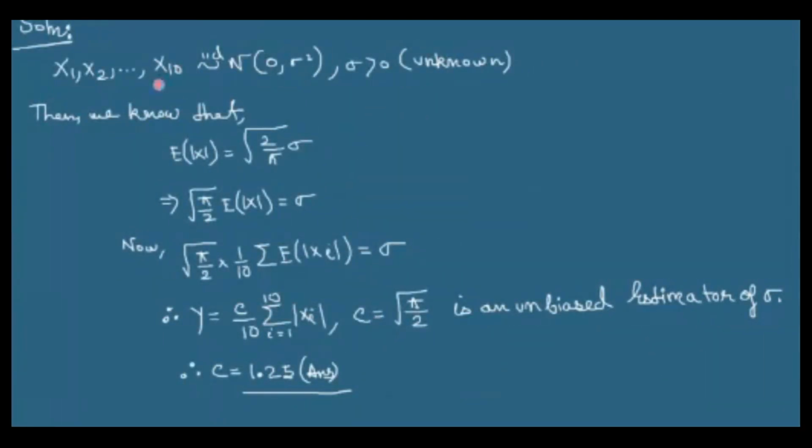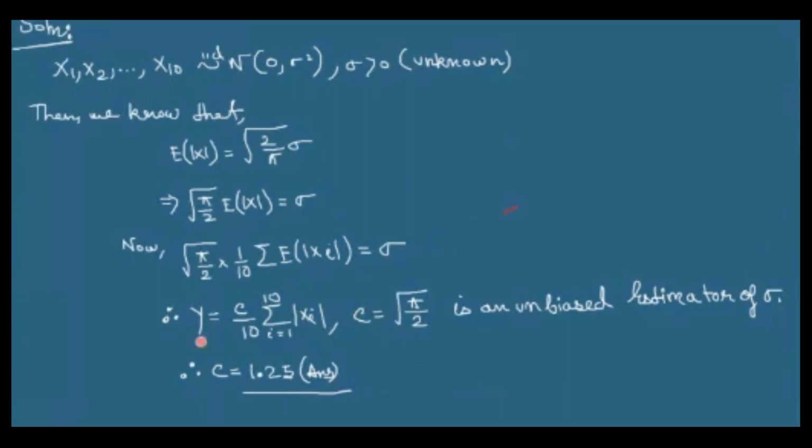So we are given that X1, X2, ..., Xn follow IID normal(0, sigma square) distribution, sigma is unknown. Then we know that the mean deviation about mean, here the mean is 0, so it is the expectation of mod of X, which is equal to root over 2 by pi into sigma. Now interchanging the sides, we get root over pi by 2 into expectation of mod X is equal to sigma. So after doing a bit of calculation, we can see that root pi by 2 into 1 by 10 into the expectation of mod of Xi is sigma.